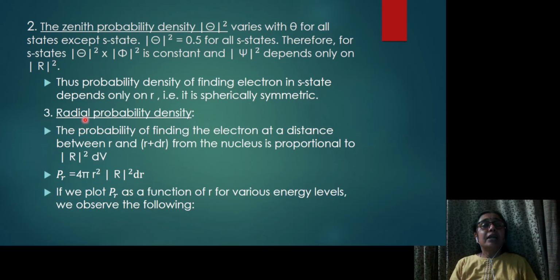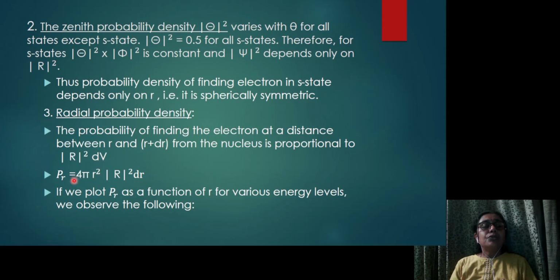Now let us consider the radial probability density. The probability of finding the electron at a distance between r and r plus dr from the nucleus is proportional to mod R square dV, because this means finding the electron within the shell which has inner radius r and outer radius r plus dr. So we will have to consider the volume of that spherical shell, that is dV.